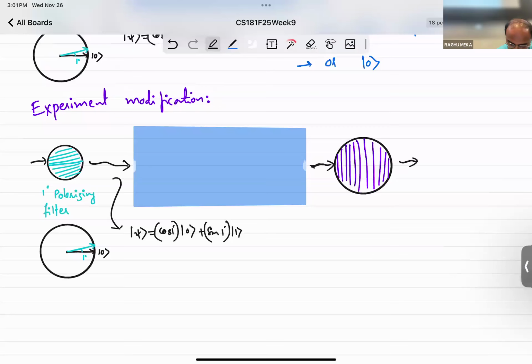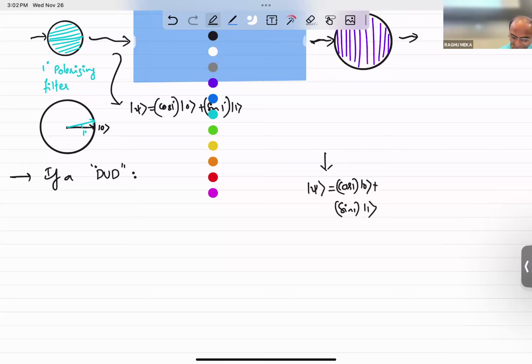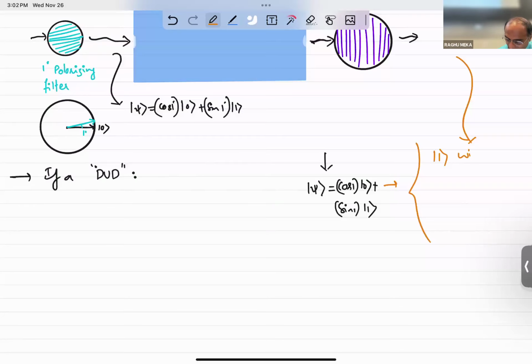We can do the same sort of calculations again. So if a dud, what happens? Whatever comes here will be exactly the same state. Right? And then what comes afterward will be 1 with probability sine 1 whole squared and heat otherwise.